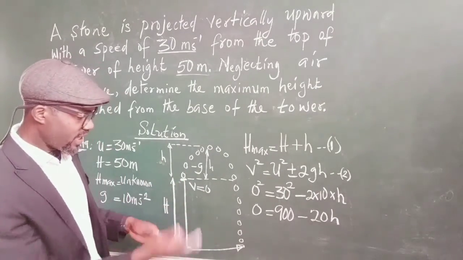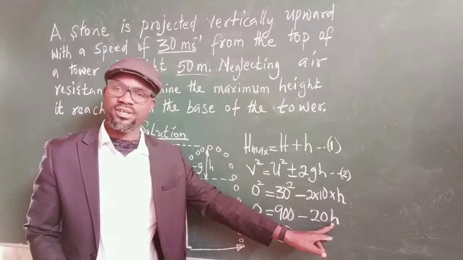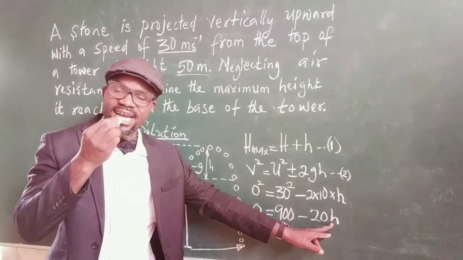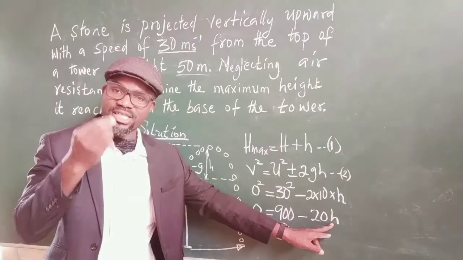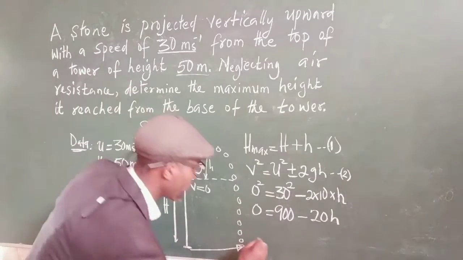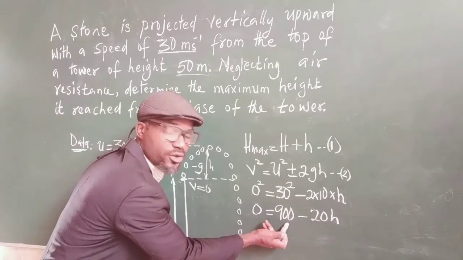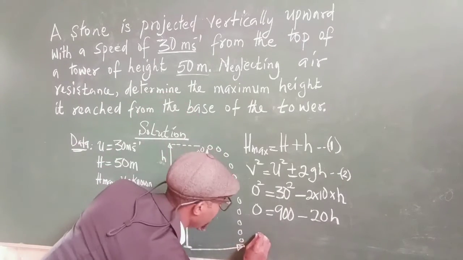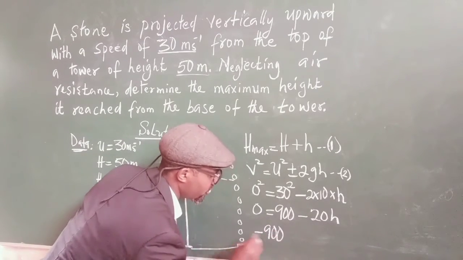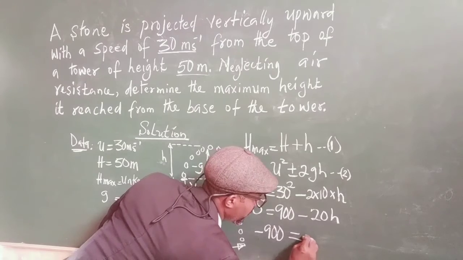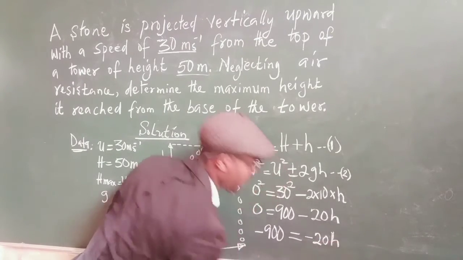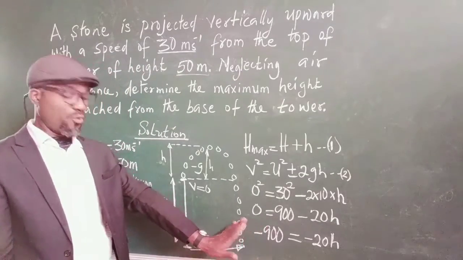Okay. The next thing is to make h, the small h, that is the height the object attained at the top, the subject of the formula. So we can try that here, and we pull this 900 over, the sign becomes minus 900, right? Minus 900 is equal to minus 20 h, right? Okay, so we have done that.